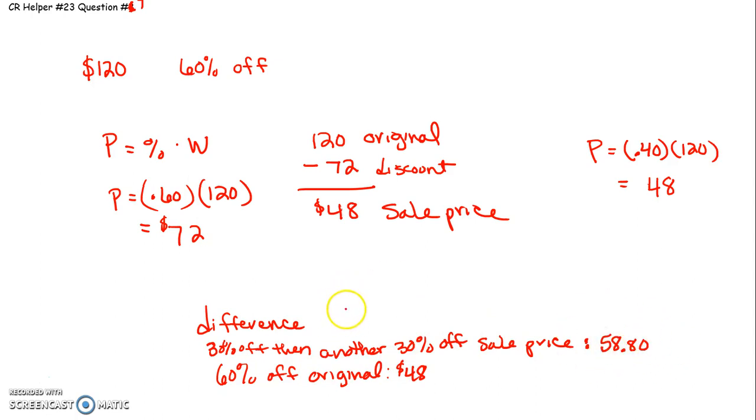But if I want to find that difference, I'll just take $58.80 minus $48, which is $10.80. So the difference would be $10.80. If the store decides to take 30% off, then 30% off the sale price, instead of just doing 60% off the original, they make an extra $10.80 off of us.